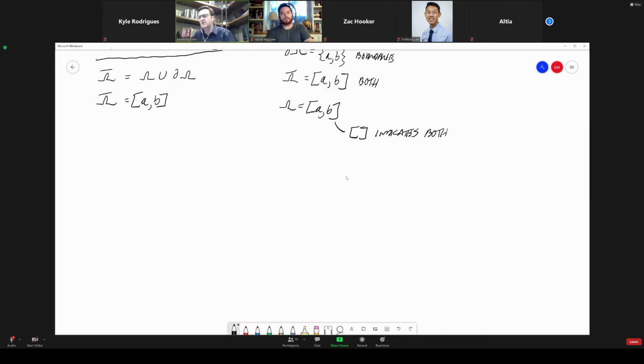A little blurb about boundary conditions. Could be BC, could be BCs.